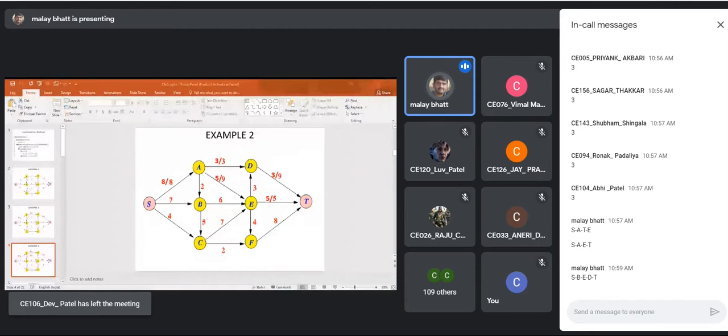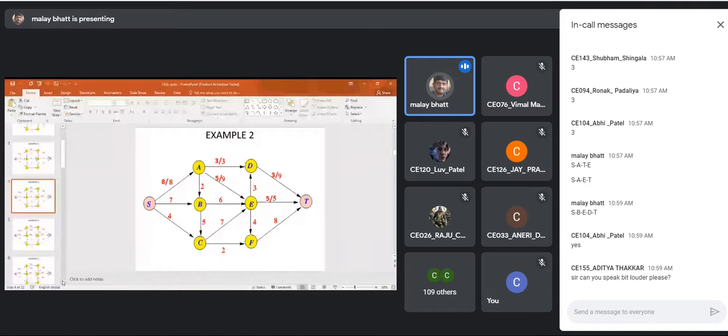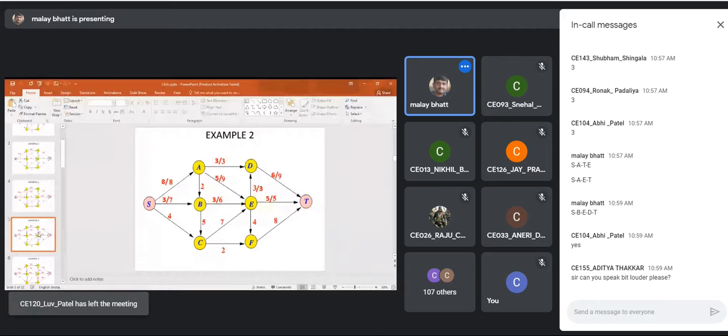So I am able to use the minimum value as 3. Clear? The minimum value will be 3 for this path. I hope you are getting the path which I am taking. As a result, we are getting S to B 3, B to E 3, E to D 3, and D to T, that is now 6.